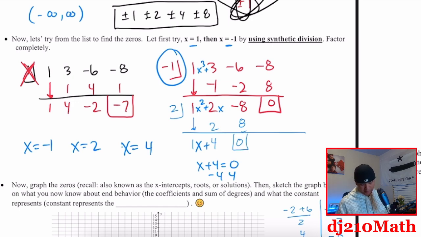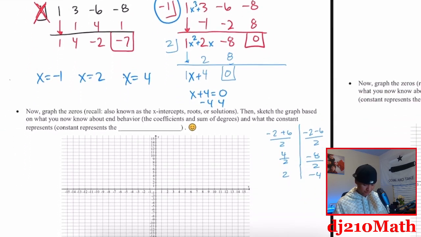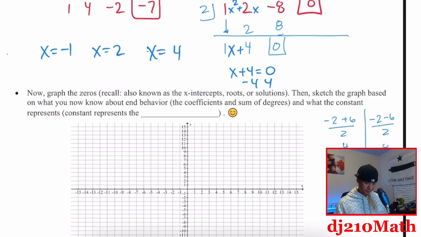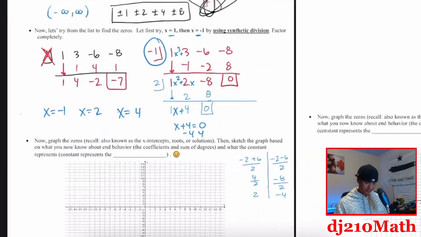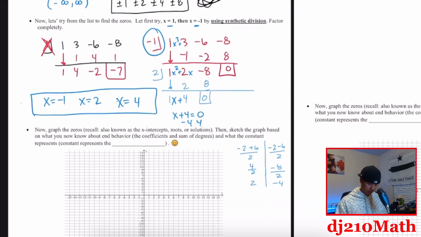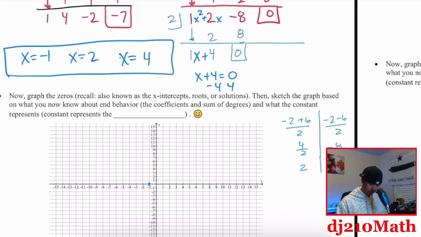So you could have kept doing synthetic division, actually. But it may not always work, right? In this case, it did. So then if we try to graph this, remember, these are the solutions or x-intercepts. So it's going to be negative 1, positive 2, negative 4.